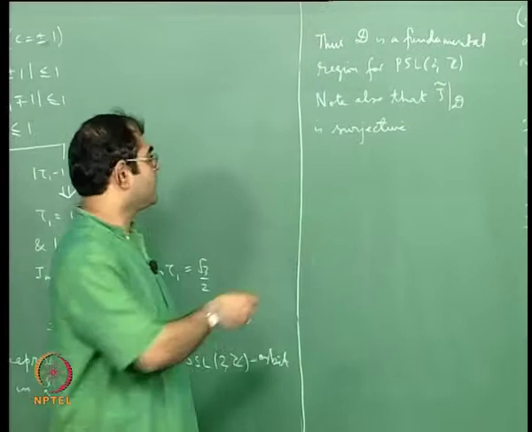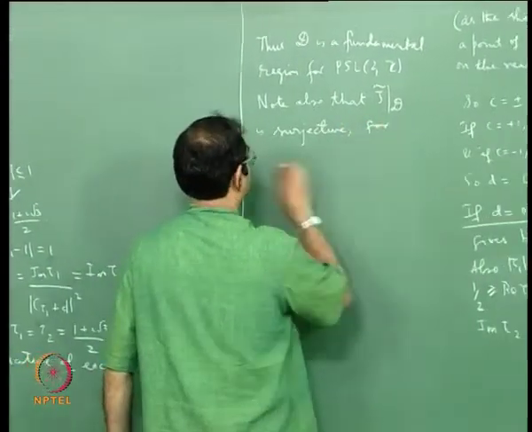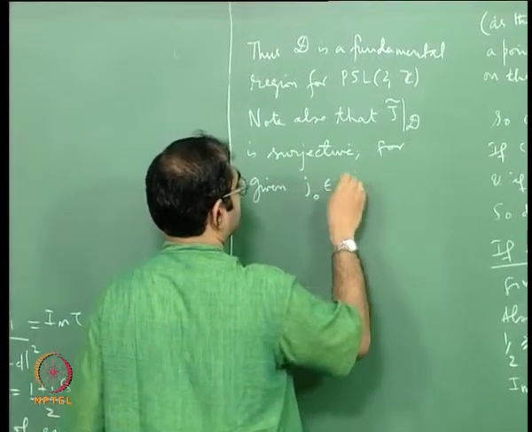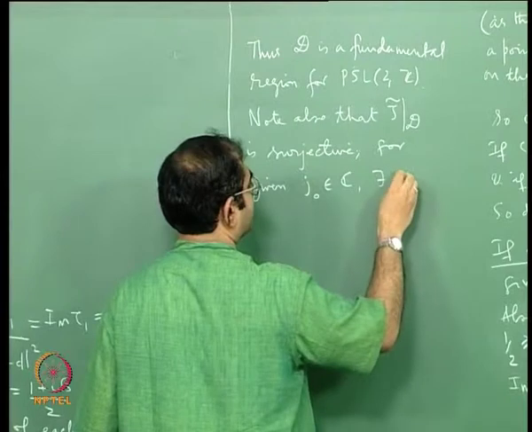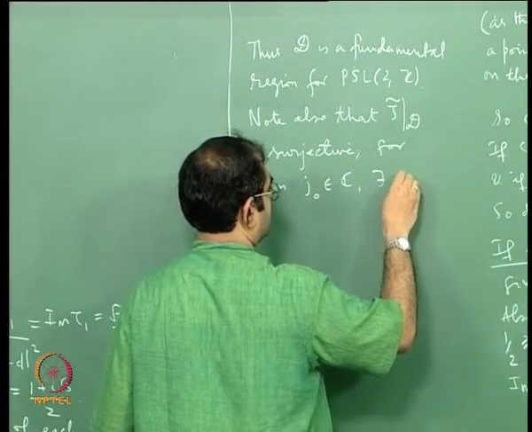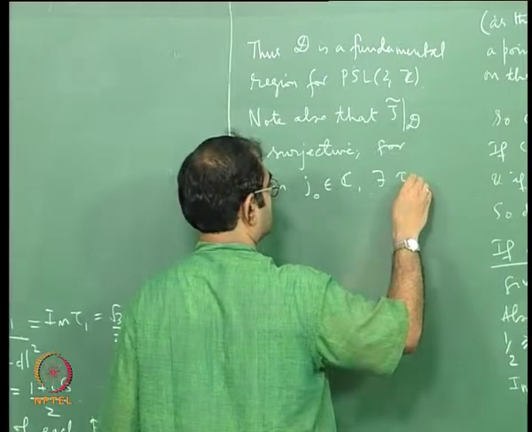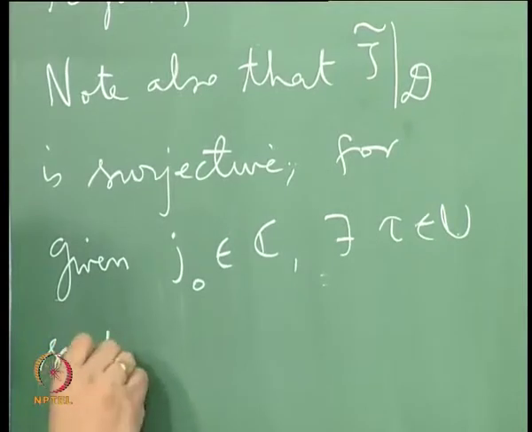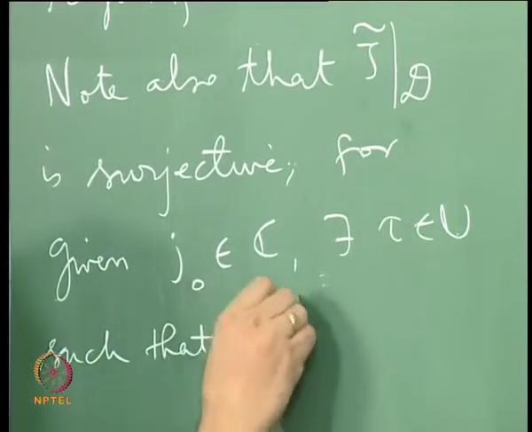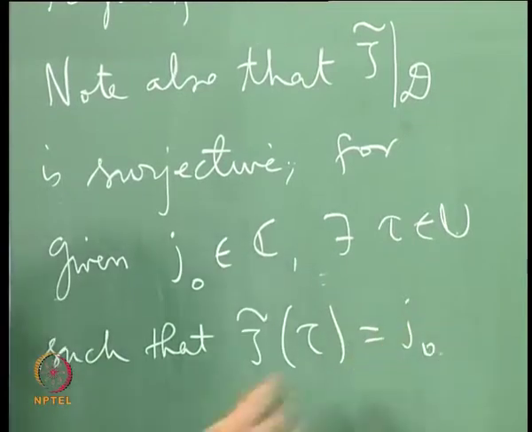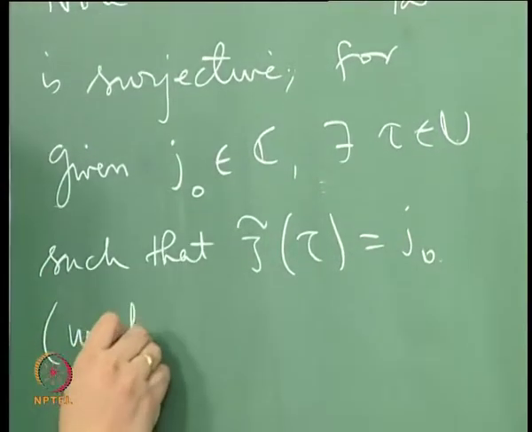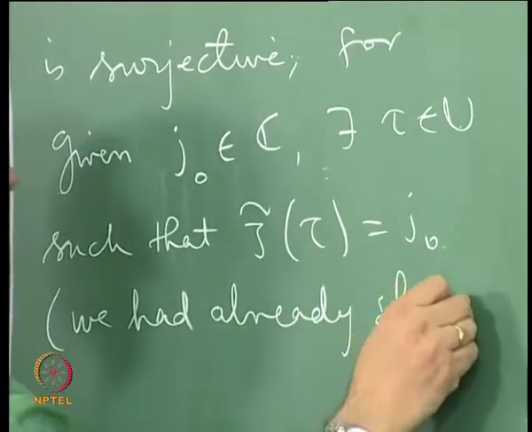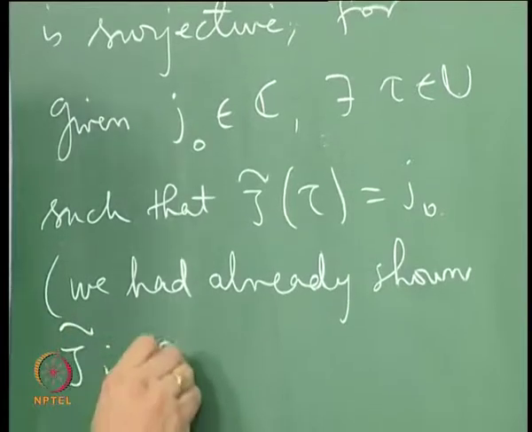Let me write that down. For given J naught in C, there exists tau in U such that J tilde of tau is J naught. We had already shown J tilde is surjective.